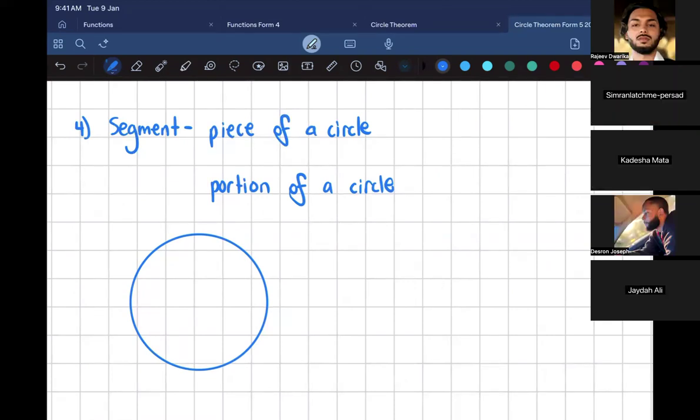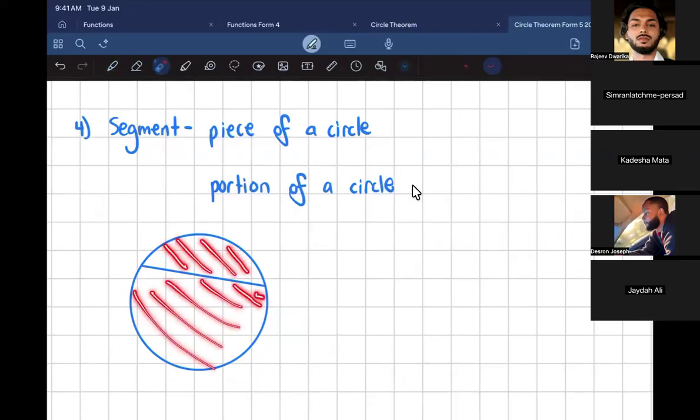So, Jida, let's say we have a Pizza Hut pizza here, and you cut the circle really badly. I don't know what you were thinking, but you cut the pizza like this. And because you cut the pizza like that, the pizza is now divided into two segments. Now, which segment are you eating, the bigger one or the smaller one?